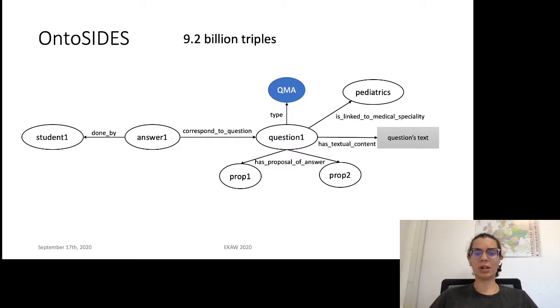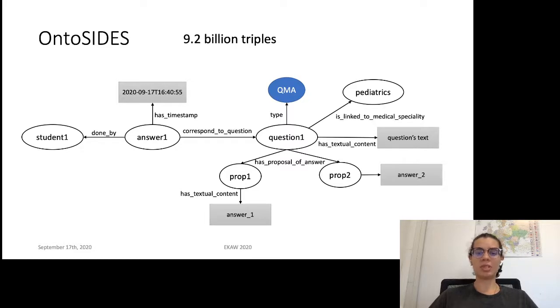It also has several choices for the answers, that are the instances of proposal of answers, and each one of these has its own text. Of course, the answers have also timestamps and the results that has a value between 0 and 1, meaning if the answer was correct or not. And this is exactly the value that we want to predict.